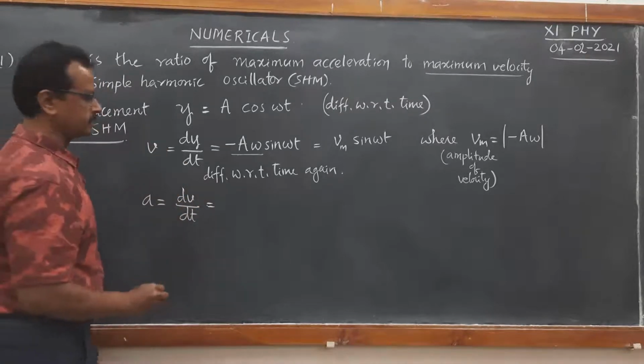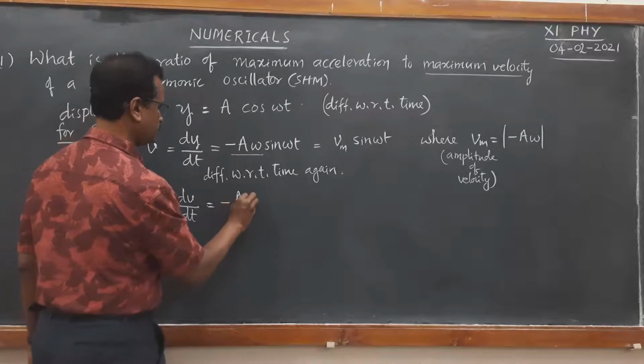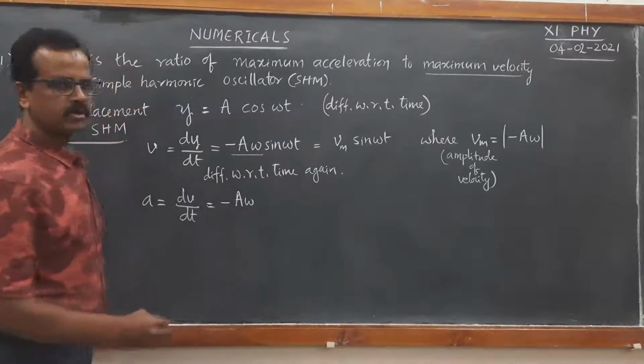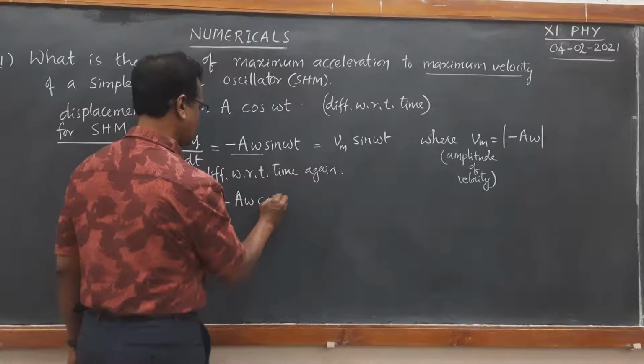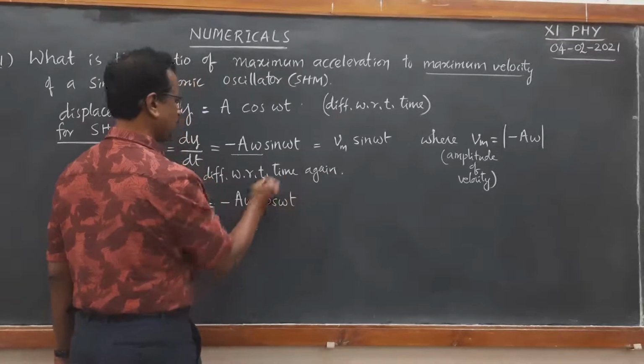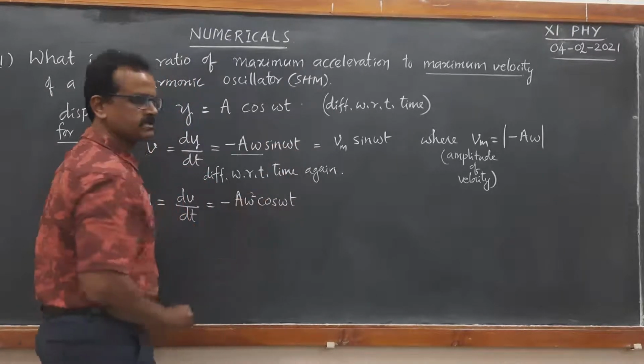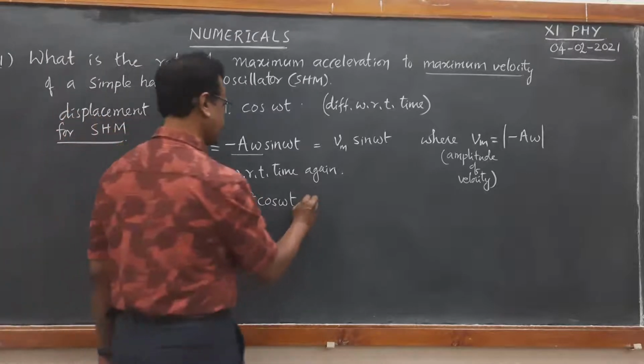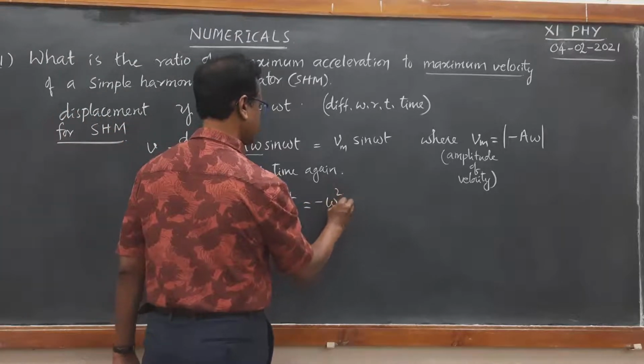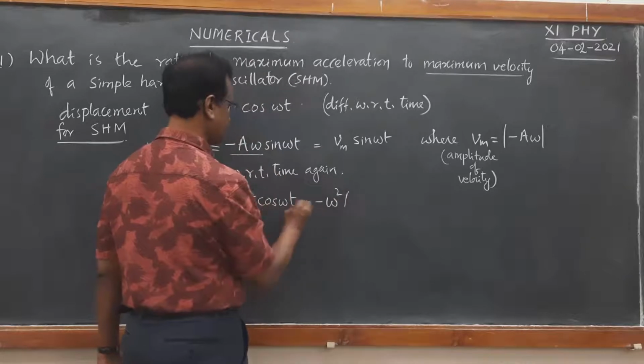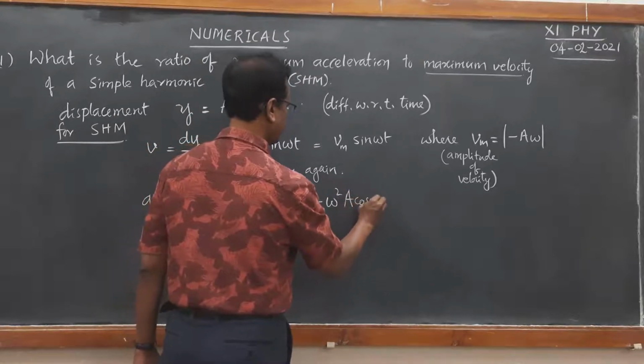Differentiating minus A omega sin omega t gives cos omega t, and omega into omega becomes omega square. So this can be written as minus omega square into A cos omega t.